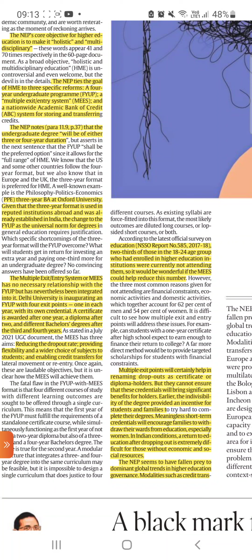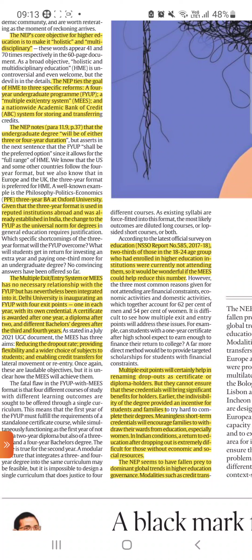Given that the 3-year format is used in reputed institutions abroad and is already established in India, the change to the 4-year undergraduate degree as the universal norm for general education requires justification. The multiple entry-exit system has no necessary relationship with the 4-year undergraduate program that it has nevertheless been integrated into.